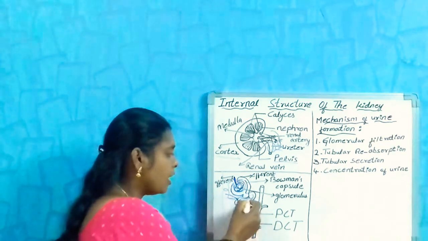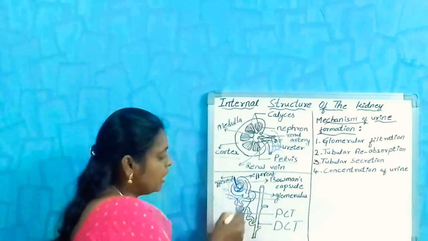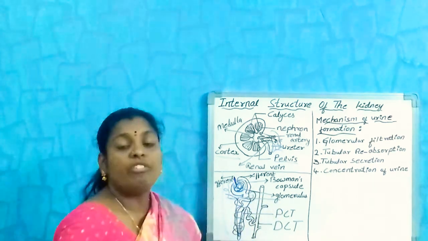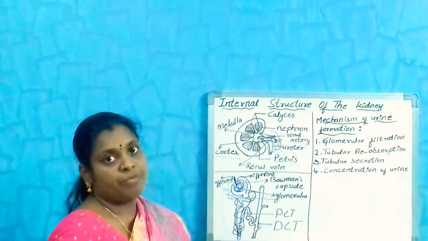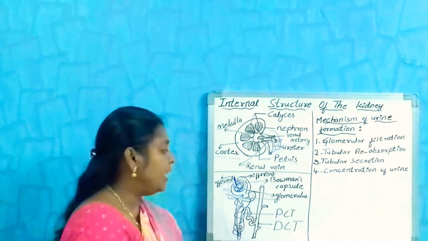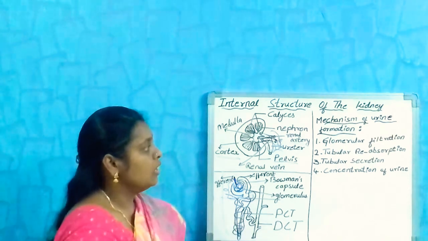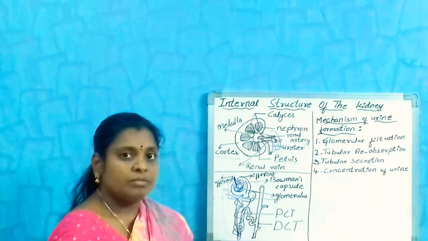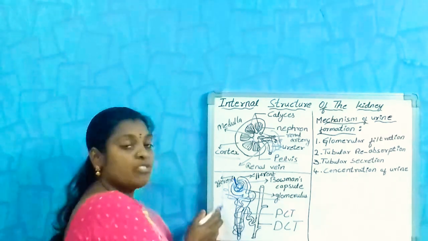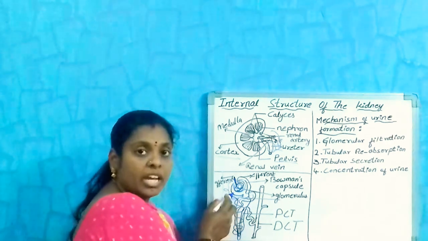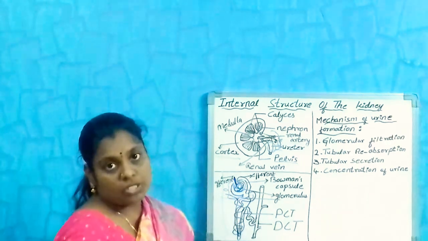Whereas the remaining lower part, where the filtration takes place, we call it the renal tubules. So, the nephron is divided into the Malpighian body and the renal tubules.